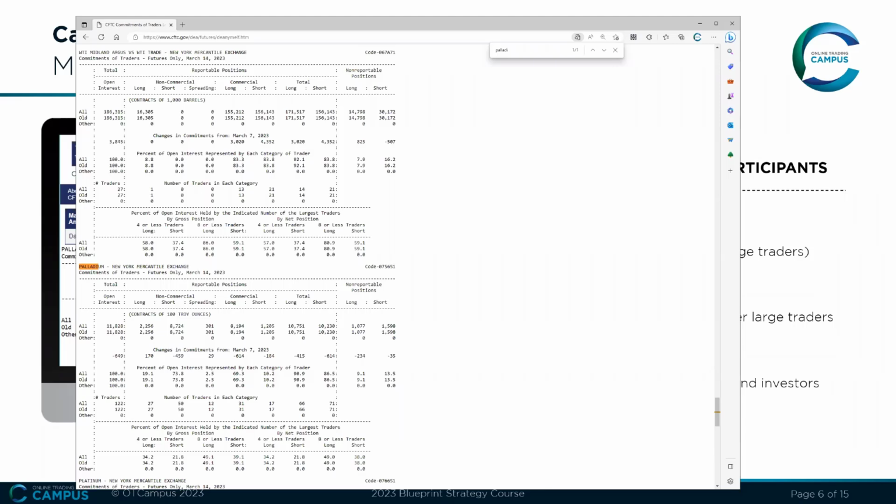And then the non-commercials, so these commodity funds and other large traders, at this time, they were long 2,000 contracts roughly and short 8,700 contracts. And then the general public, so the retail trader, the non-reportables, they are long 1,000 contracts and they are short 1,500 contracts. So how would we now display this within a chart?